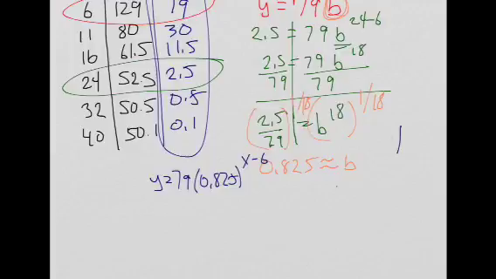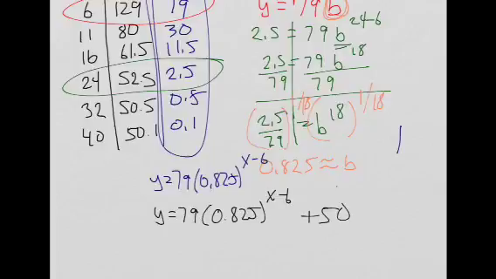Now, all I have to do is shift this back to get my black data. So I'm going to take my 79 times 0.825 to the x minus 6 and shift it up 50 by adding 50 onto that. This is my final model.